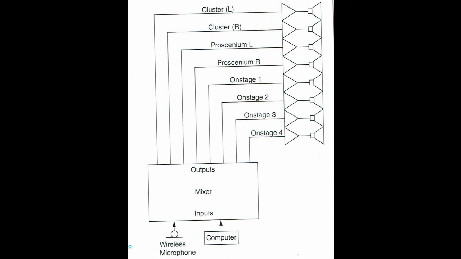And you could follow the actor around the stage by moving where you're sending that signal. While that is usually not the case, it does highlight the capabilities of manipulating the signal and being able to focus it in a particular area.